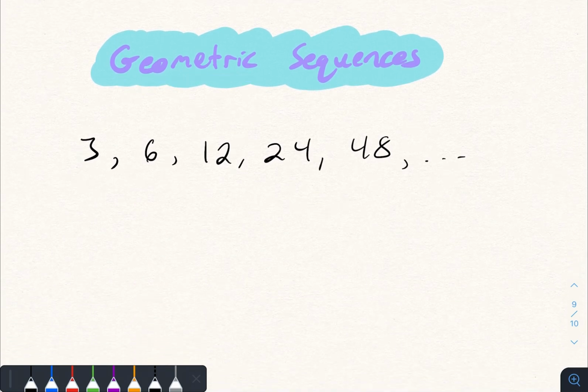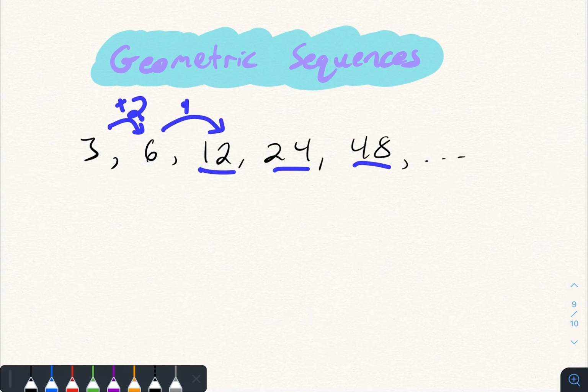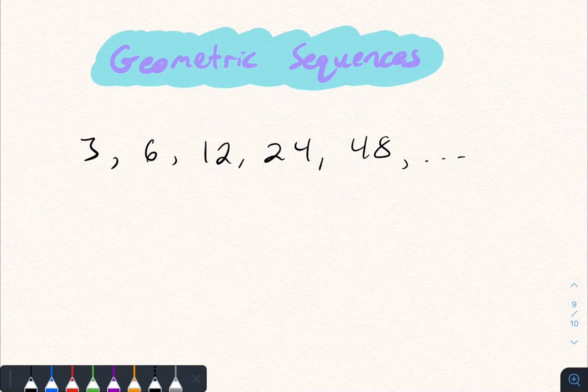So here it's very similar, except instead of adding the same thing each time, you multiply by the same thing each time. So here we have 3, 6, 12, 24, 48. So repeatedly we are, instead of adding something, repeatedly multiplying by something. So we multiply by 2 each time to get to the next number in the sequence.